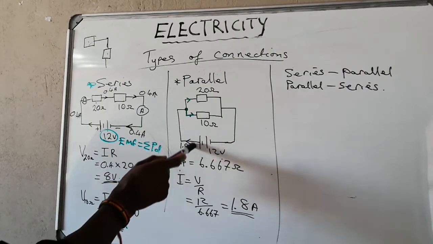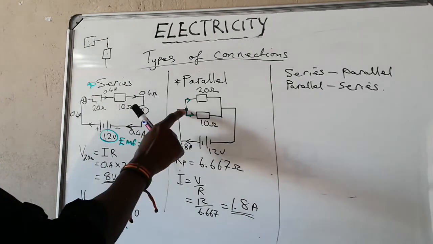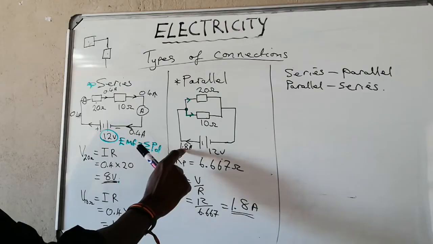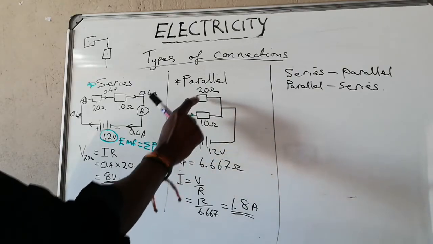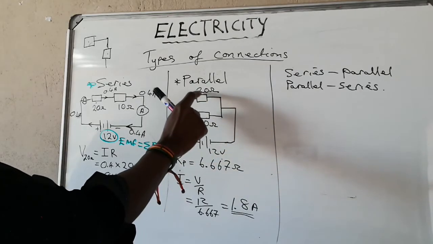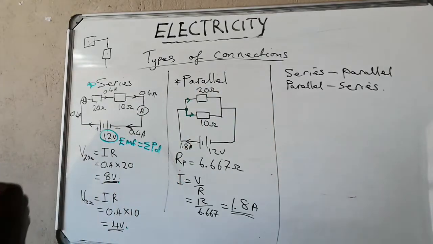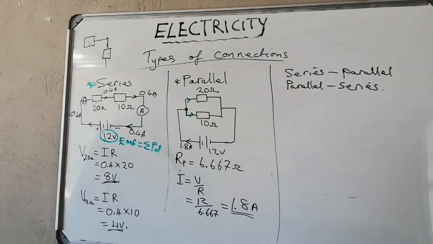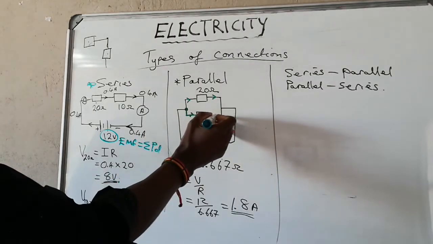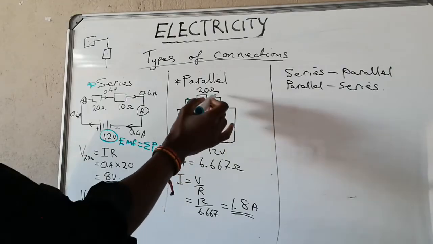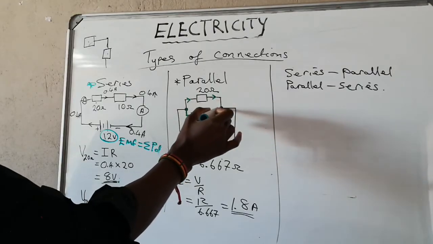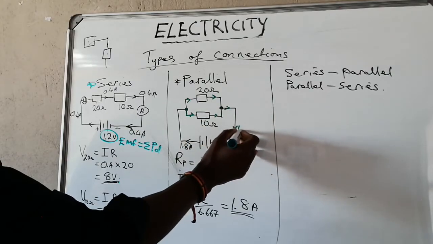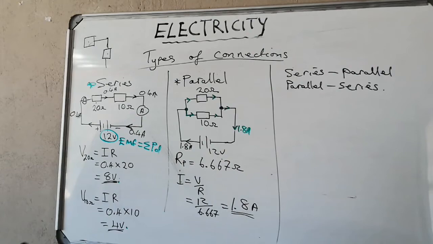So out of this 1.8, where there is less resistance, more of the current will flow through there and less will flow through the one with the high resistance. Current will always flow easily where there is less resistance. And when these two currents come back and meet at that point, whatever current went through each side will add up, and we'll have the same 1.8 amps returning to our battery.